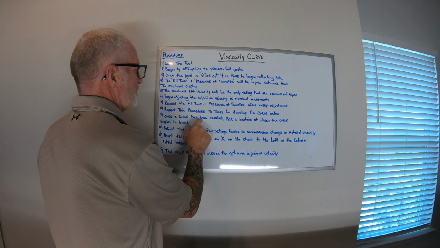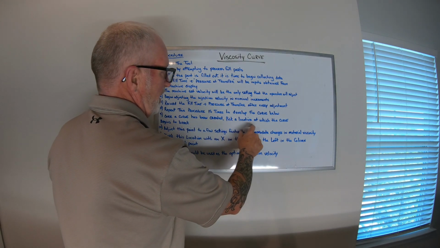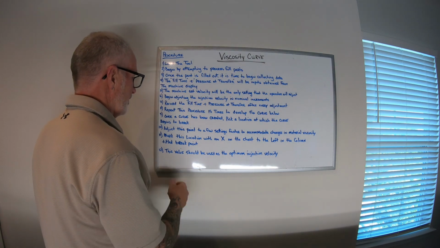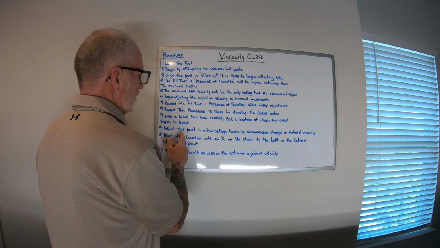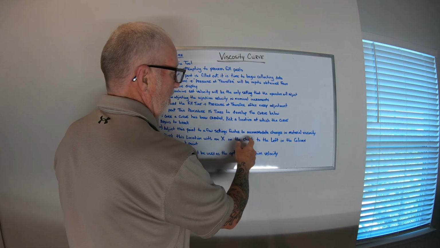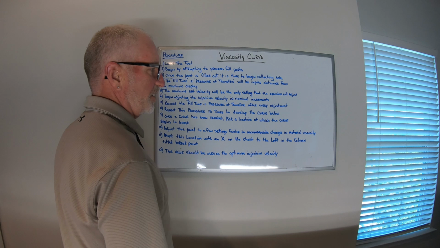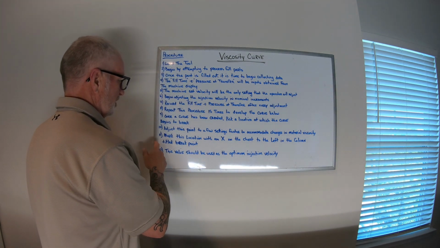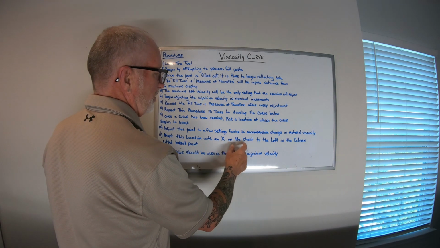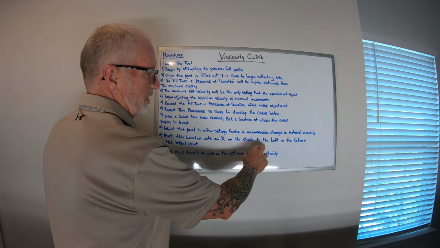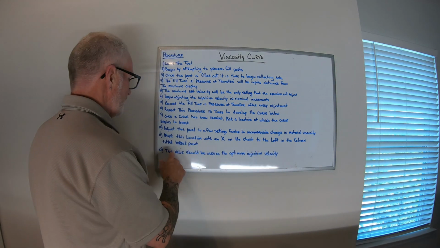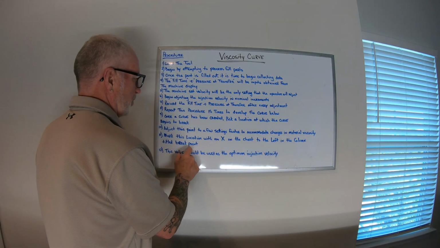Once a curve has been created, pick a location at which the curve begins to break. Adjust the point to a few settings faster to accommodate changes in material viscosity. 11. Mark this location with an X on the chart, okay, to the left in the column titled point break, okay?